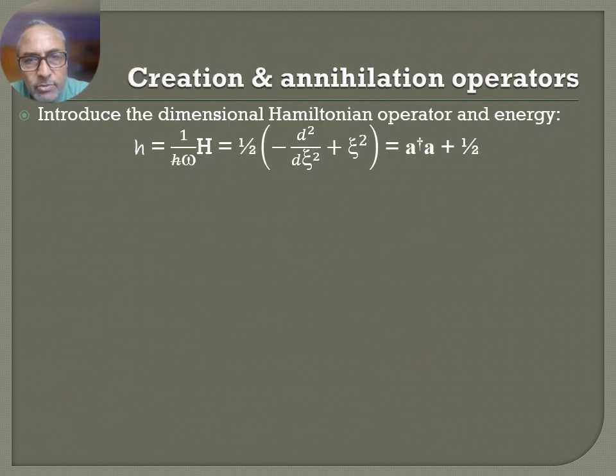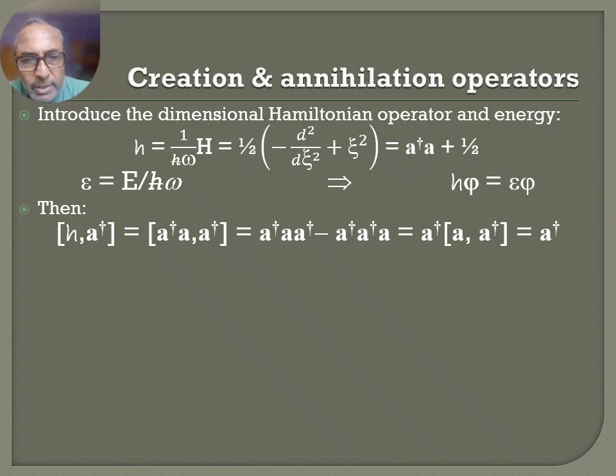We now introduce the dimensionless Hamiltonian operator, 1 upon h cross omega times H, which is equal to a half times minus d squared by d xi squared plus xi squared, which is equal to A dagger A plus half, and the dimensionless energy epsilon equals E by h cross omega, which gives the Schrödinger equation as small h operating on phi equals epsilon phi.